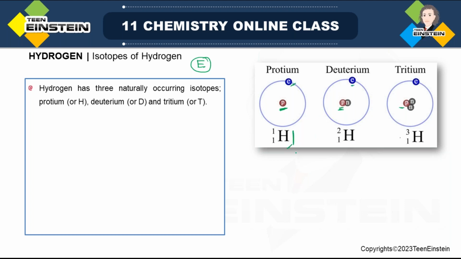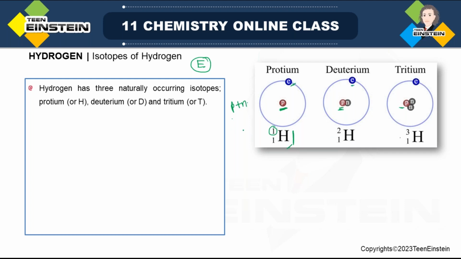When we write the symbol, we write the mass number, which is the sum of protons and neutrons, in this part. Here there is only 1 proton, so 1 is written.